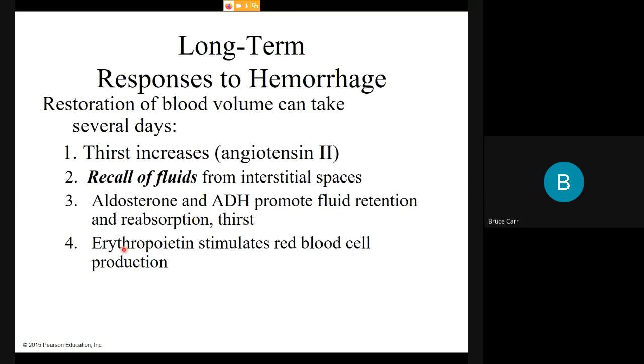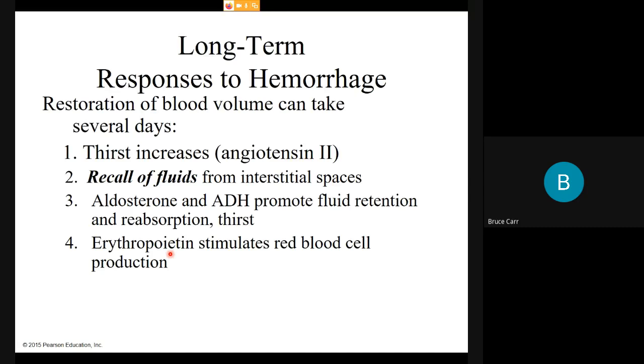The final effect, and this is probably the longest term effect: we are constantly making new red blood cells every day. If you imagine a dial on the wall from 0 to 10, labeled red blood cell production, on a normal day when we're not injured, that'll be set at 2.5 or 3, cranking out red blood cells from the bone marrow. What happens when we hemorrhage?